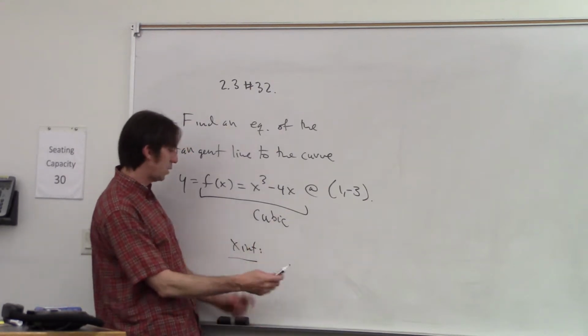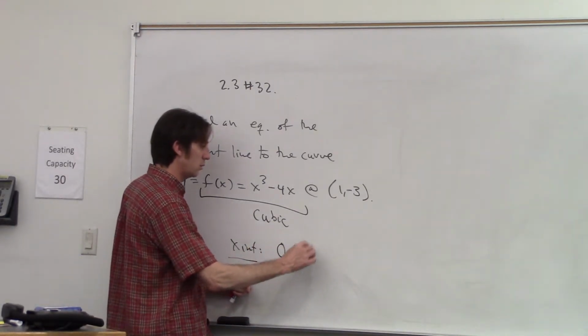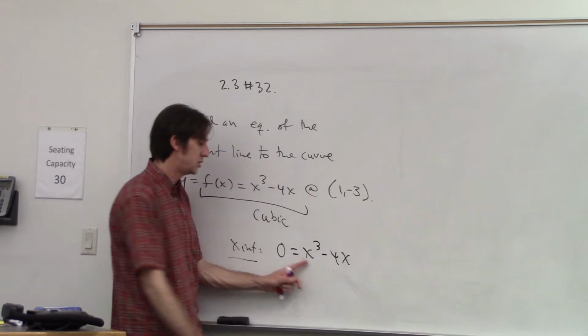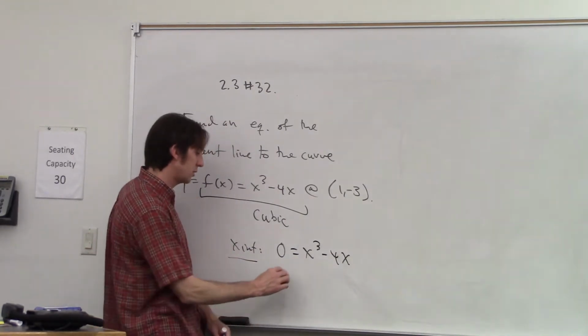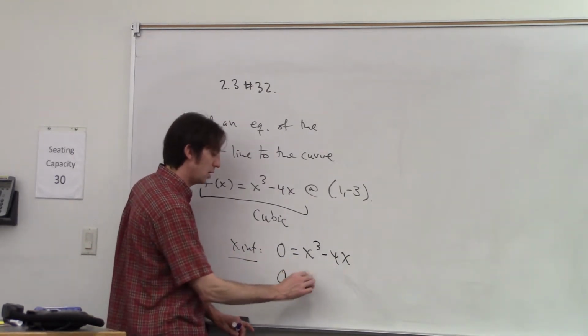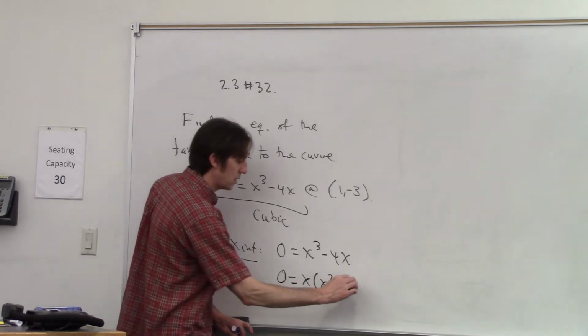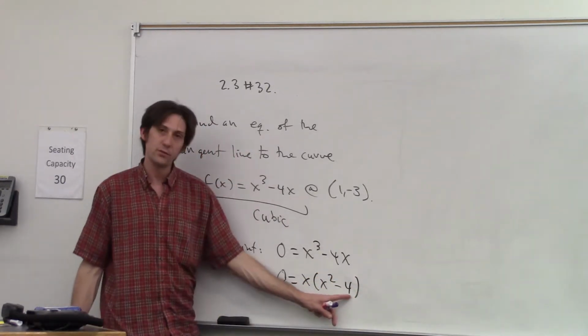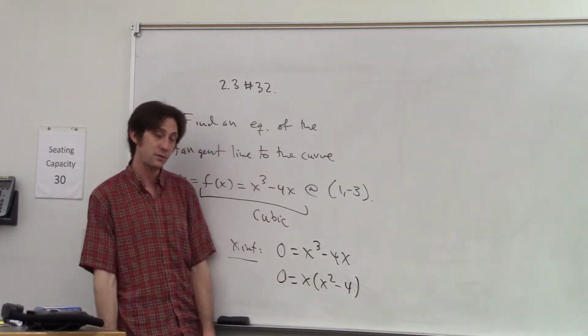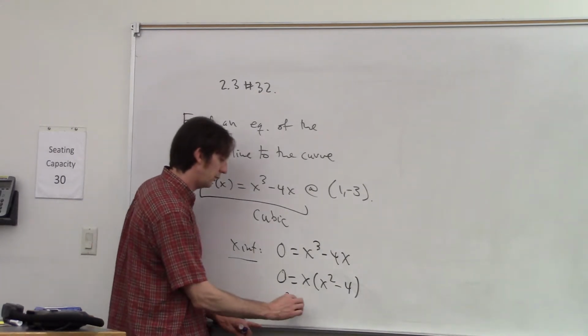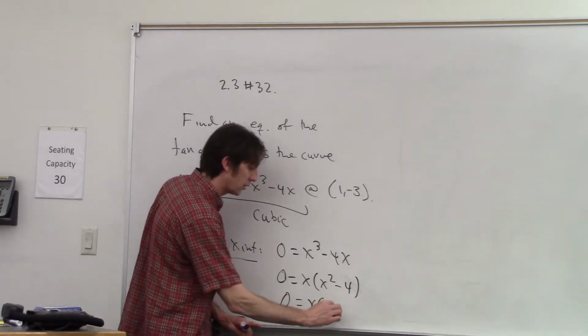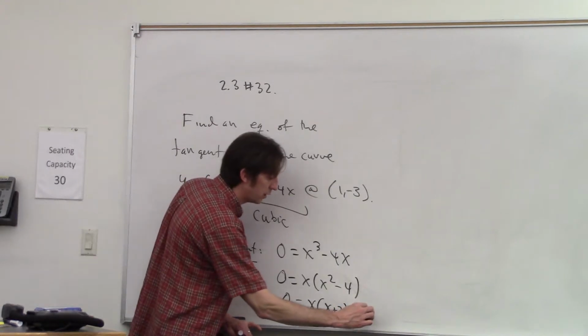So for the x-intercepts, like we're used to, we set the function equal to 0. Each term on the right-hand side has an x in common, and so I factor it out. That leaves us with x squared minus 4, which is a difference of squares, and so I can factor that further. This is 0 equals x times x plus 2 times x minus 2.